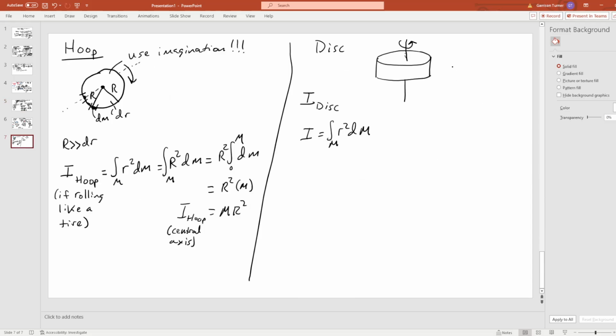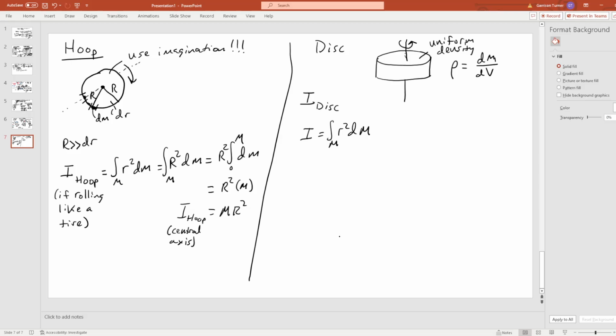So we're going to use this idea that rho, and we're going to assume this is uniform density. Then rho is going to be equal to dm dV.